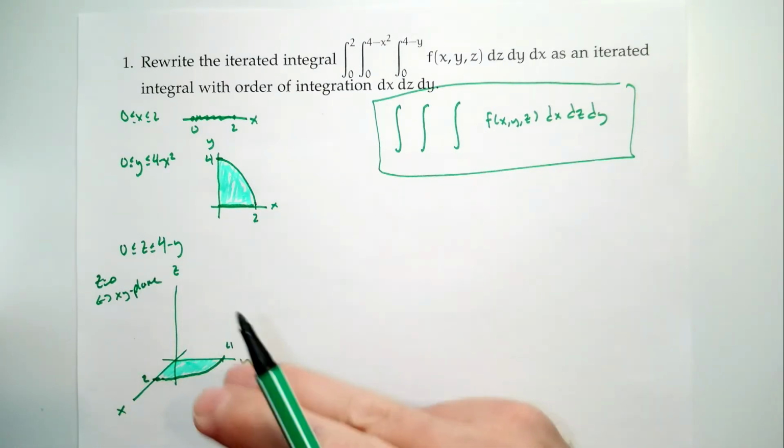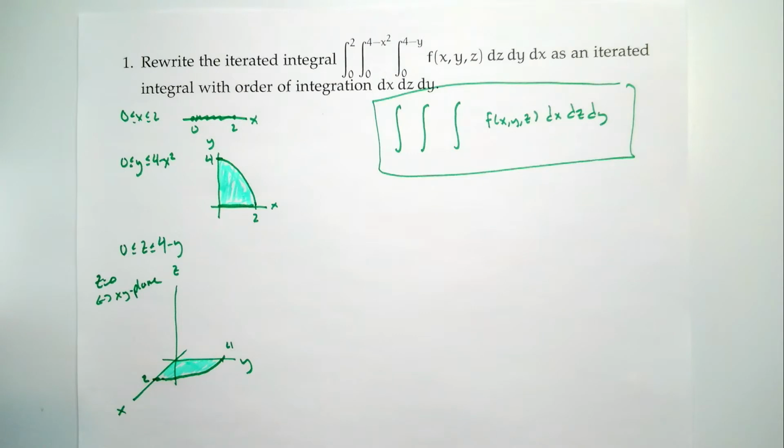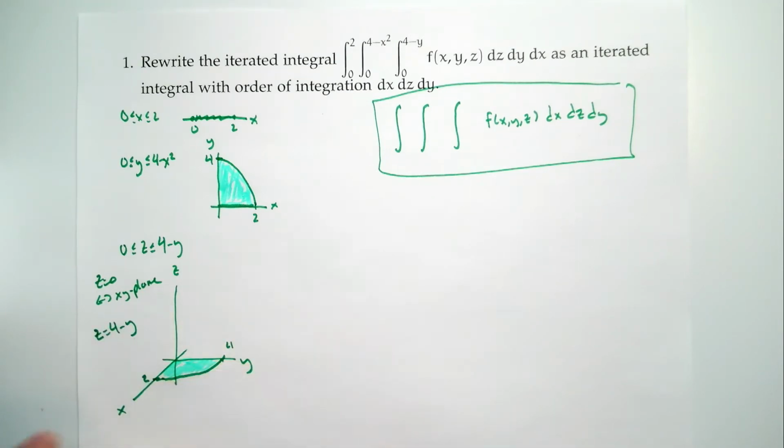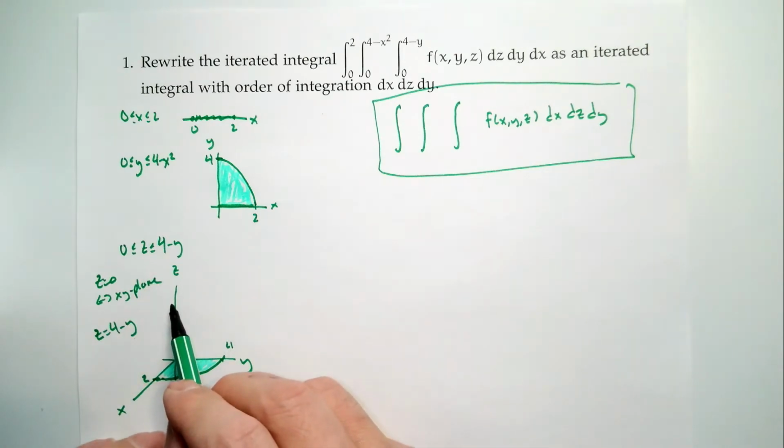Then we're going to go up to something. Now, what do we go up to? Well, we're going to go up to the plane z equals 4 minus y. Now, you might not think of this as a plane right away, but it is. Think of it, suppose you were in the yz plane. z equals 4 minus y.